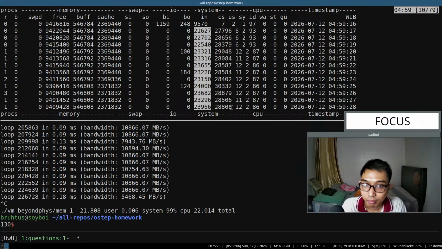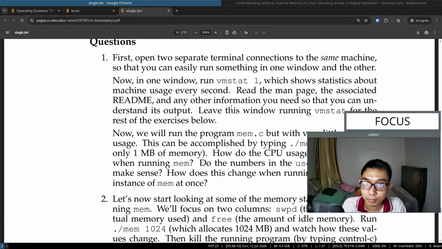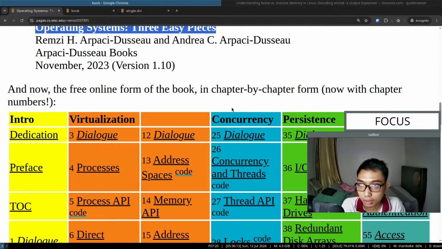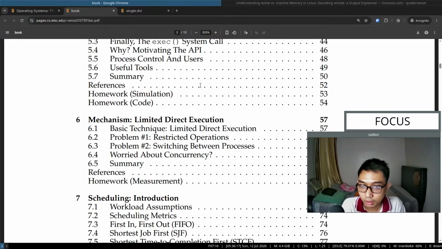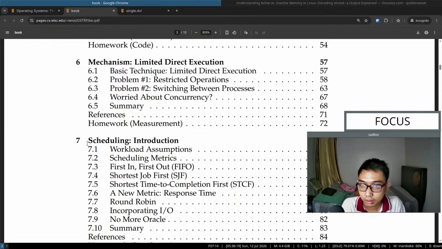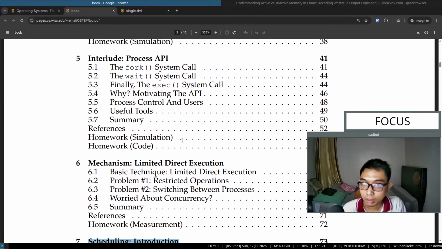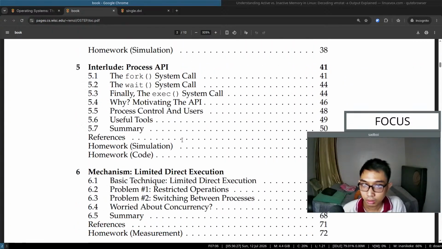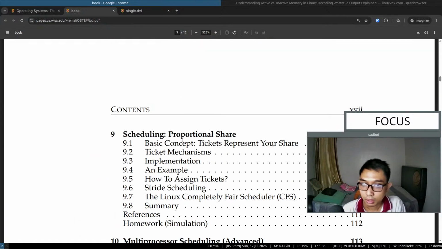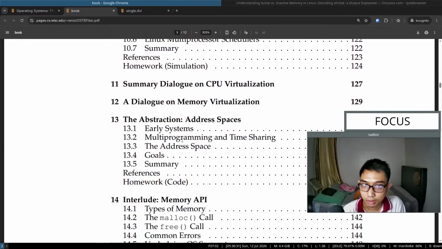Yeah, I'm still not sure about the interrupt mechanism here. I mean, we talked briefly about that in the scheduling part, I guess. Making sure that the operating system did not lose control over the CPU or something like that.